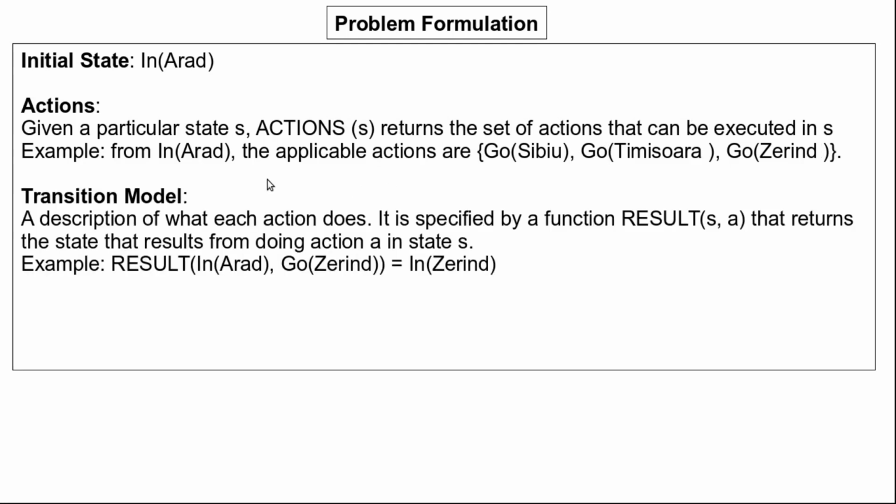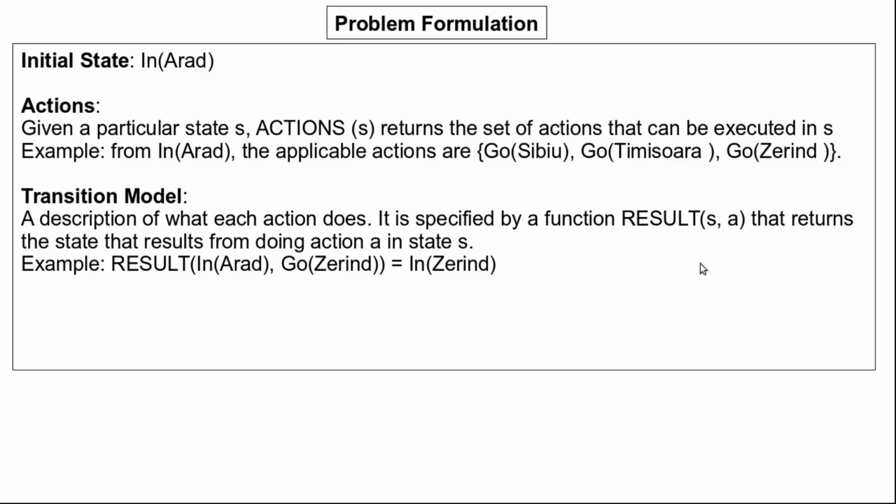The next component is the transition model. A transition model tells us what each action does. So if we consider a function RESULT(s, a), we have a function that takes as input the state s and the action a. This function will return the new state that will result from doing action a in state s.